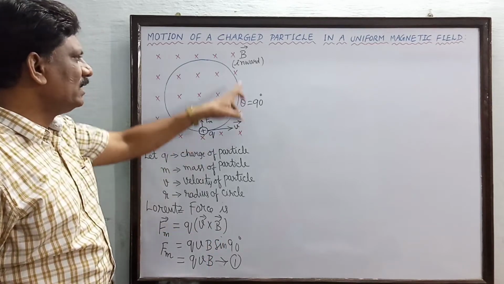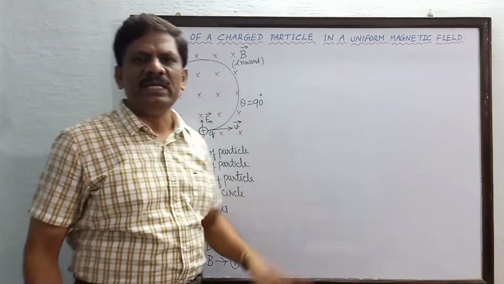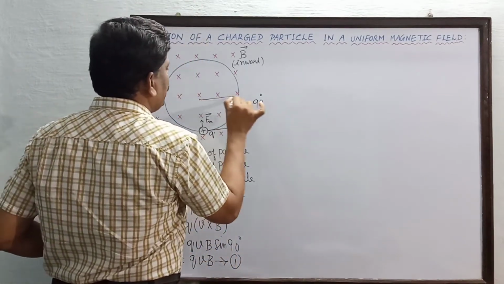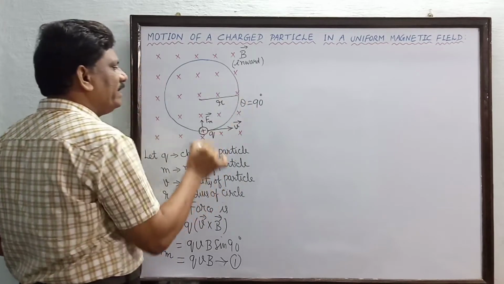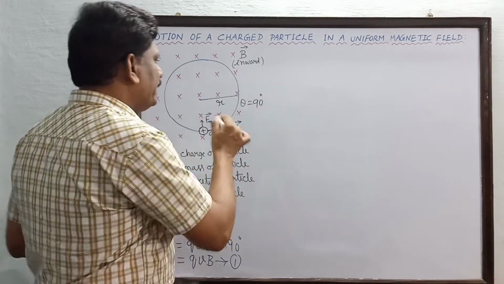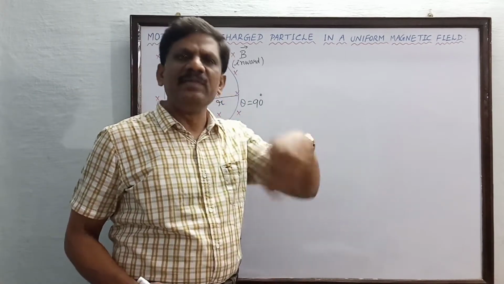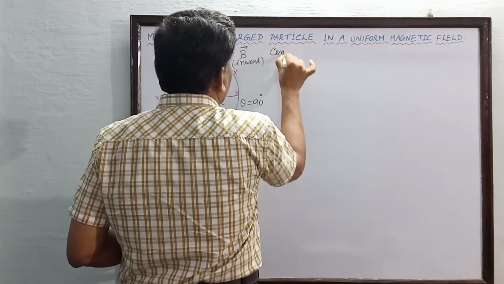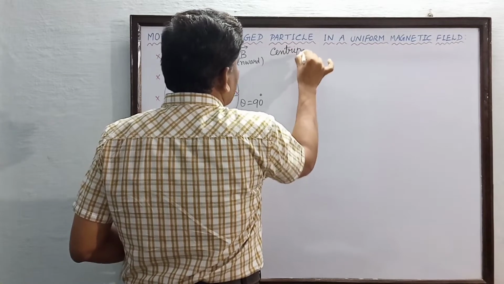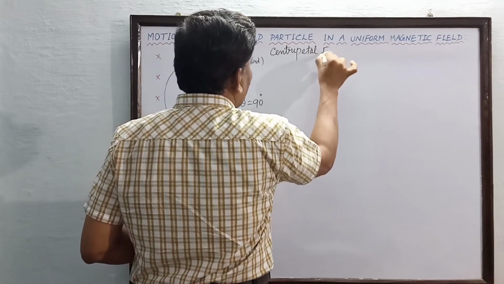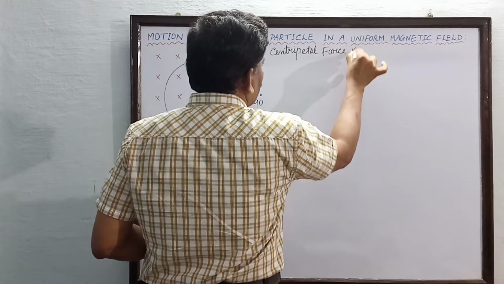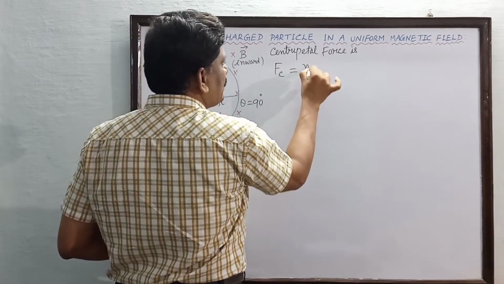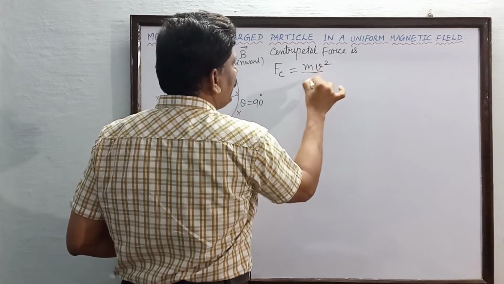With this force, now the charged particle is moving in a circular path of radius r. So I will consider that it is revolving in a circular path of radius r, so that it experiences a centripetal force. So the centripetal force is given by F_centripetal equal to mv square by r.